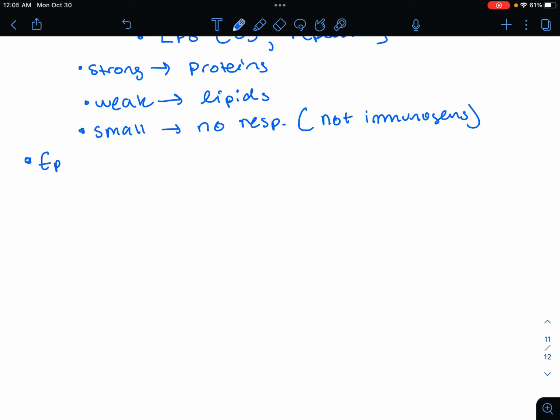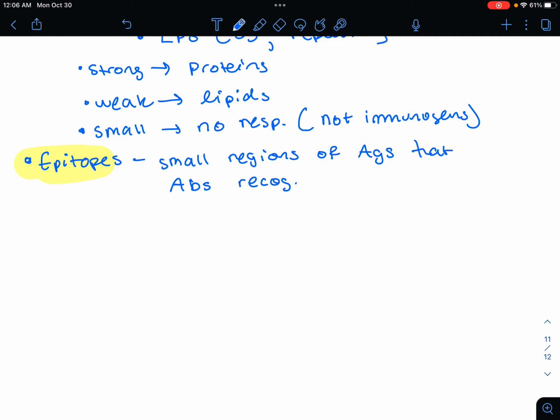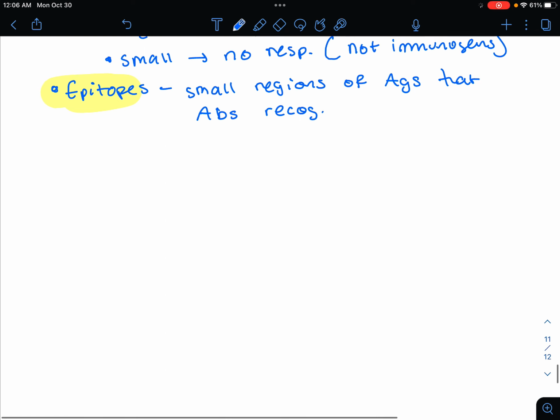Epitopes are the small regions of an antigen that are recognized by antibodies. And these could be regions of macromolecules.